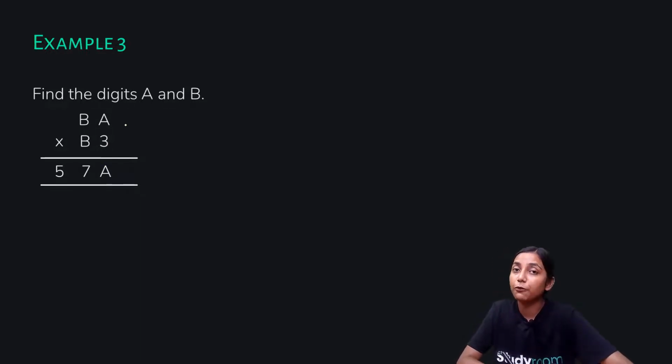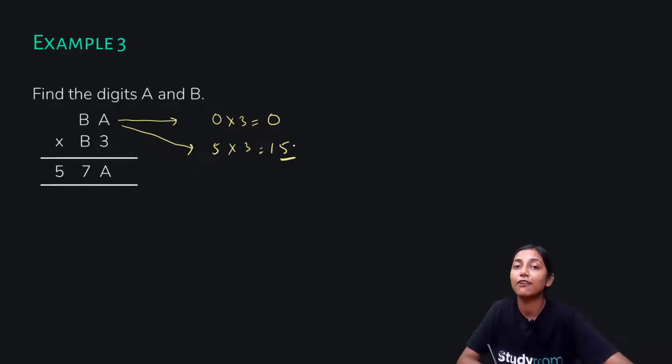If you brainstorm, you will get that A can be 0 because 0 into 3 gives us again 0, or A can be 5 because 5 into 3 gives us 15, that is again 5 at the units place.